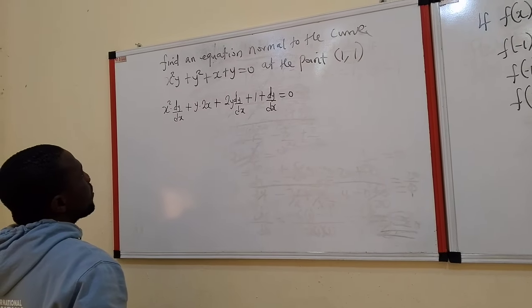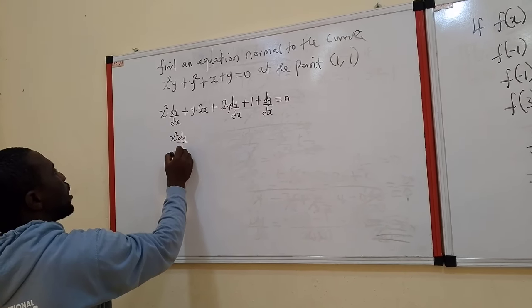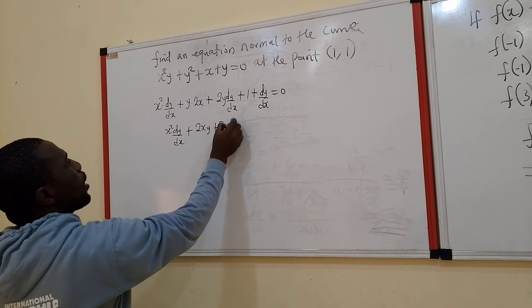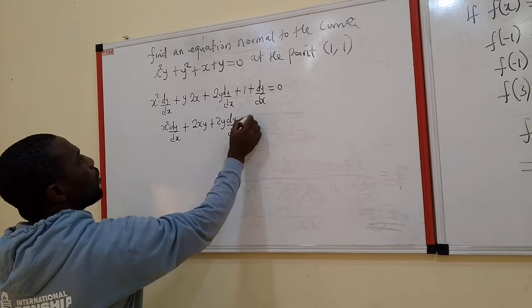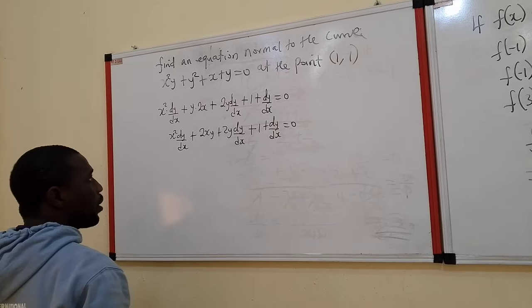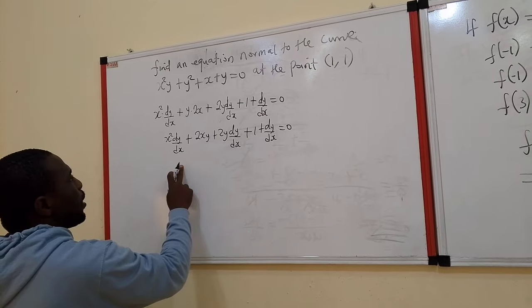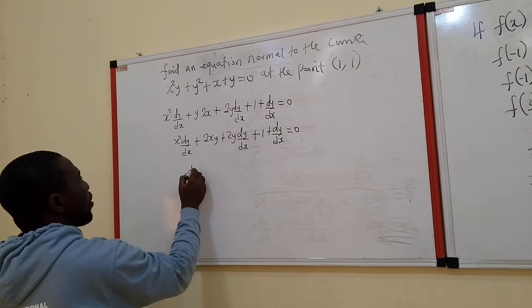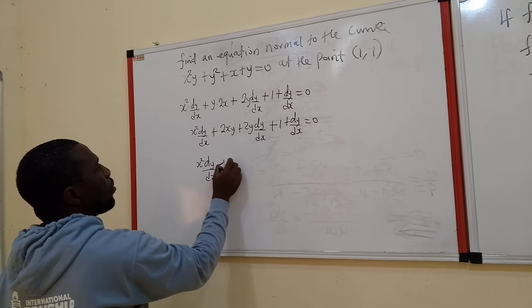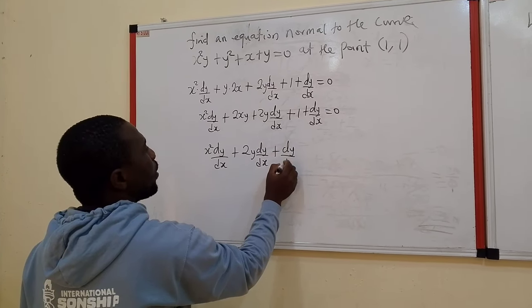Next thing I have to do here is this. x squared times dy over dx is x squared dy over dx. y times 2x is 2xy, plus 2y dy over dx, plus 1, plus dy over dx is equal to 0. Collect all the like terms. What are the like terms here? I have dy over dx, dy over dx, dy over dx. So I write x squared dy over dx plus 2y dy over dx plus dy over dx.